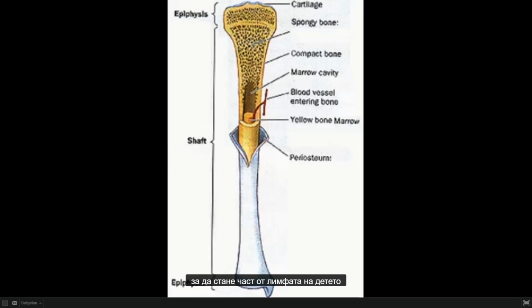to become part of the lymph of the child, and then that information transfers the lymph, in its density, gravitational magnetic field structure, into a bone of the hip and a bone of the skull and the rest.